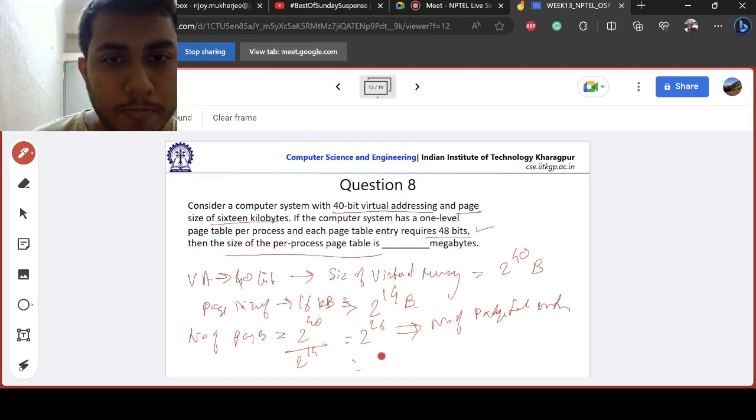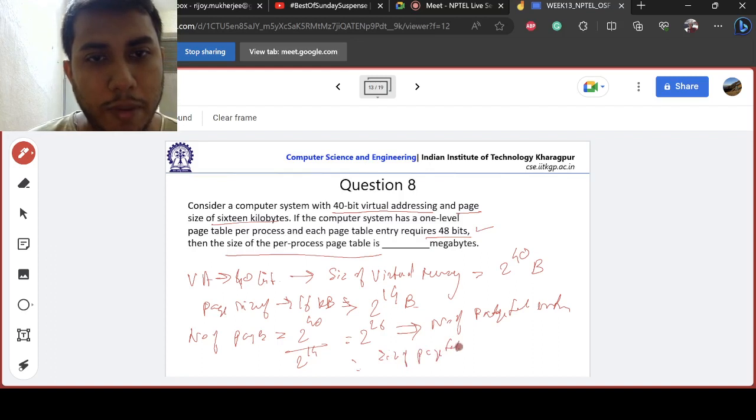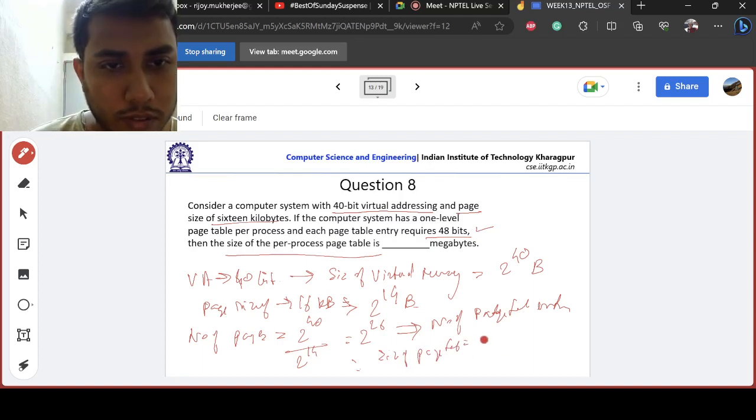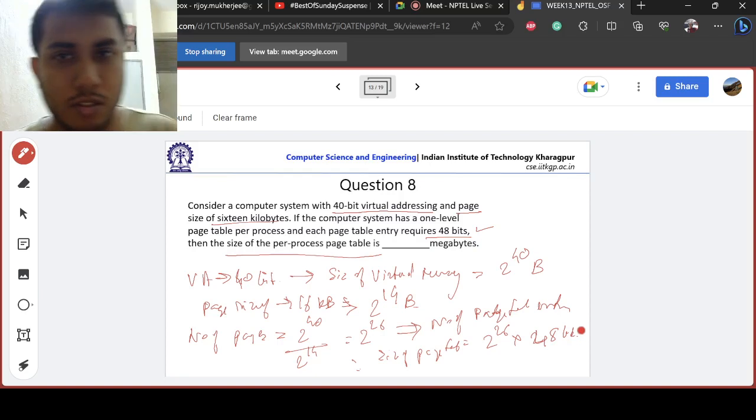So the size of the page table will be 2 to the power of 26 into 48 bits.